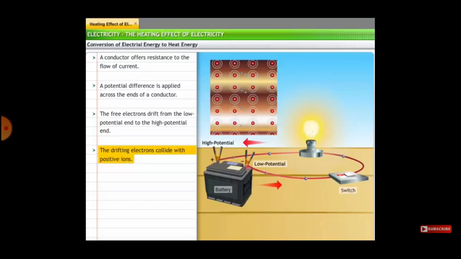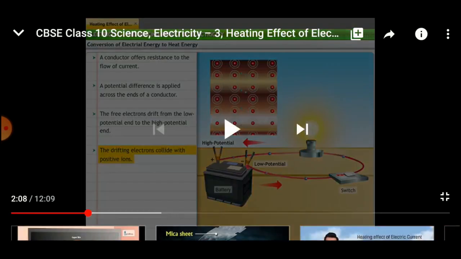See, in this model, just consider a conductor. The conductor is connected with a battery, switch and bulb, and whenever the battery is switched on, current flows in the conductor. That means a flow of electrons exists in the conductor. Now when an electron comes out of an atom, it makes an immobile positive ion.